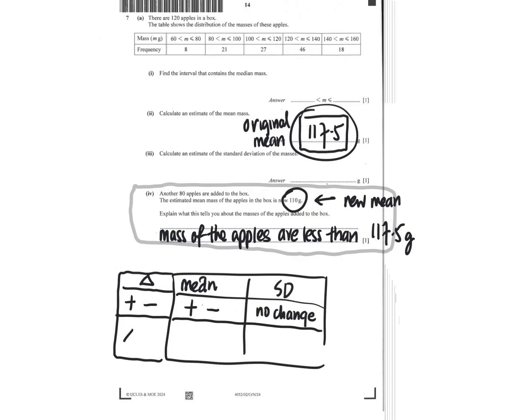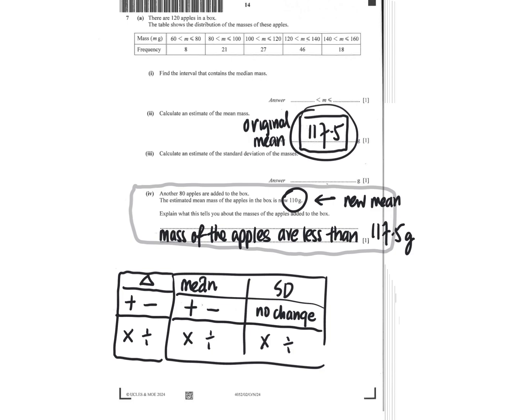But when you multiply or divide, let's say you double it or you half it, your mean will be doubled or halved. Standard deviation will also be doubled or halved. So the only thing is if you plus a certain mass to all your data, your standard deviation won't change because it cancels out.